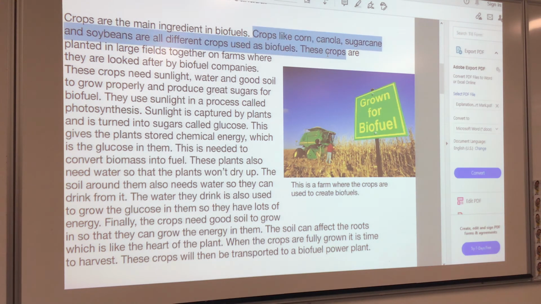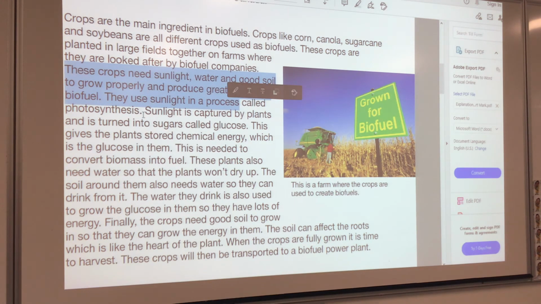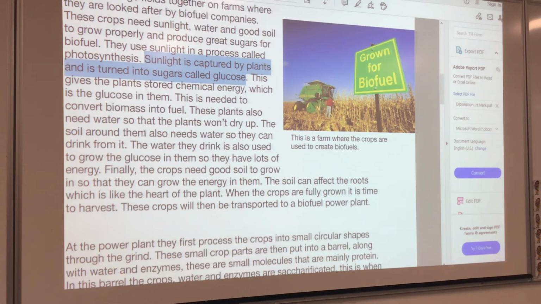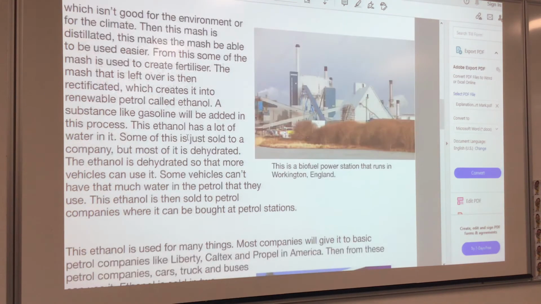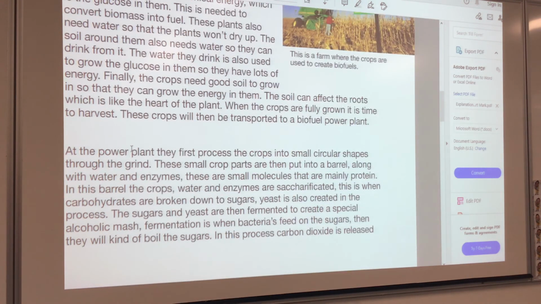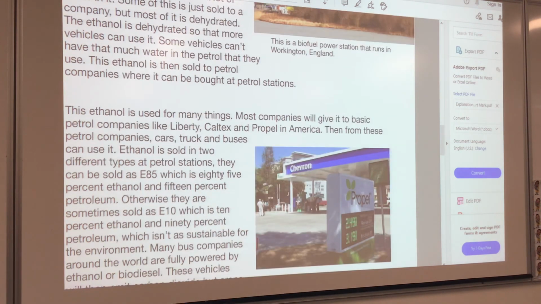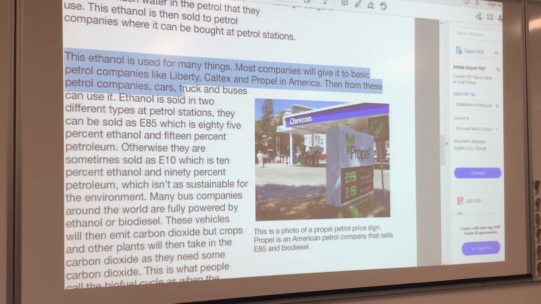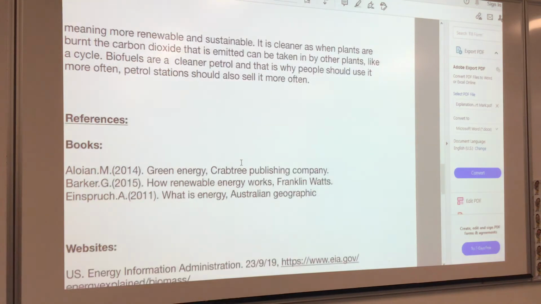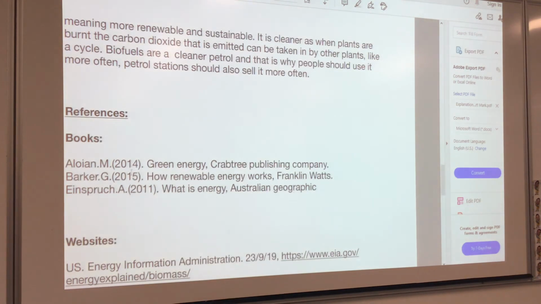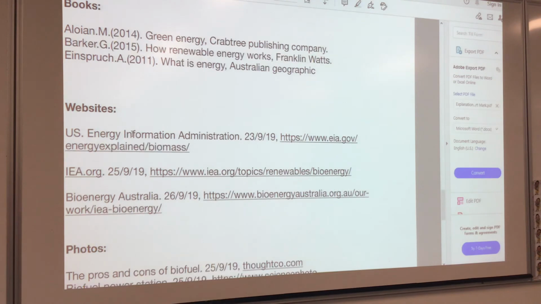He talked about what they included and what the crops needed: glucose, sunlight and photosynthesis, and water for drinking. Then his next paragraph talked about the process of creating biofuel, and his last one was about what they're actually used for. Then he had his conclusion and his referencing.